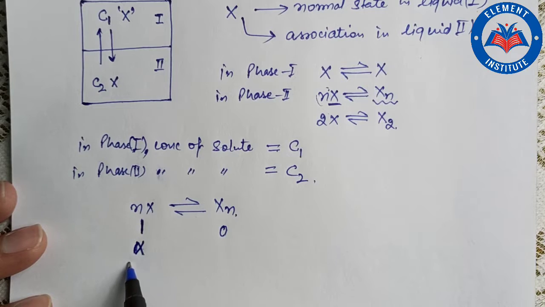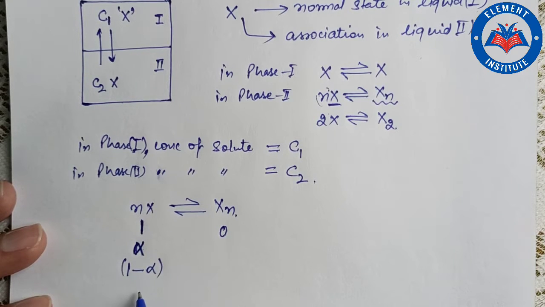What will be the concentration left behind of unassociated molecules? It will be 1 minus alpha. And what would be the concentration of associated molecules? It will be alpha by n.